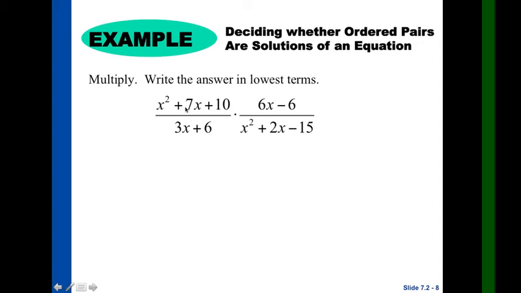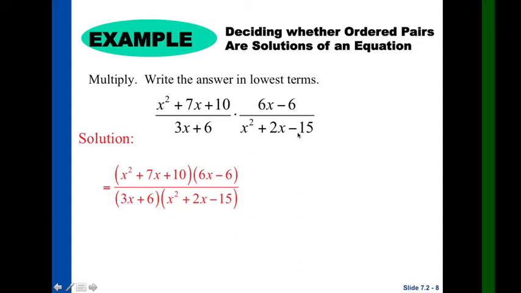We have x squared plus 7x plus 10 times 6x minus 6 over 3x plus 6 and x squared plus 2x minus 15. Again, we factor these out. These are our givens from earlier, combined. Then we factor x squared plus 7x plus 10. Think of numbers: for x squared, it's two x's. For 10, which factors add up to 7? Right, 5 and 2.